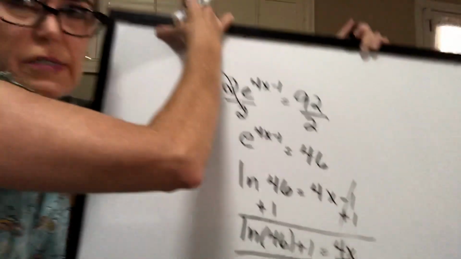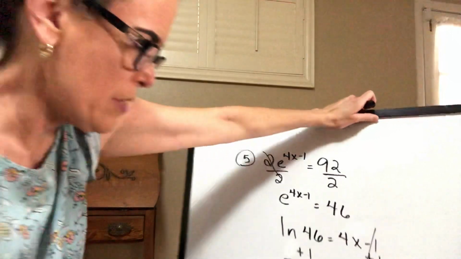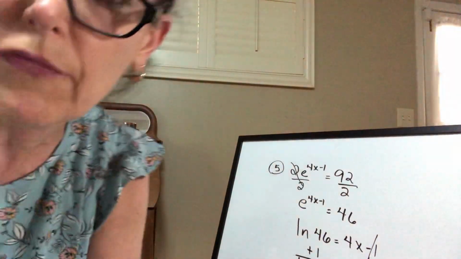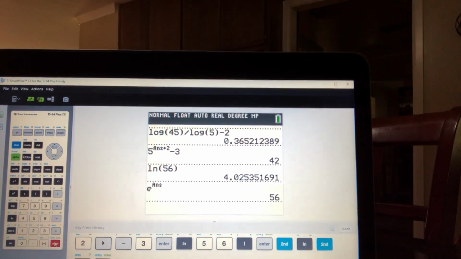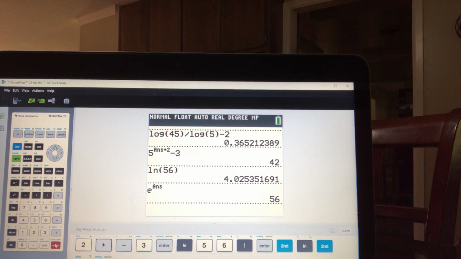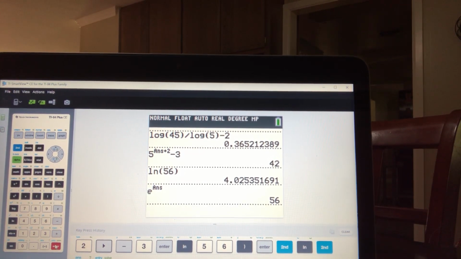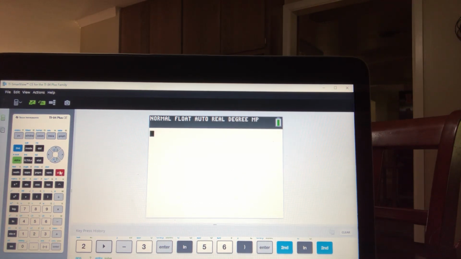Okay, so I'm going to set this down and go there. Okay, so you have to be careful on this one, how you enter it in your calculator, because if you're not careful, you'll get the wrong answer. So you have 2 choices. If you want to be able to put the entire thing in the calculator, you would need to use parentheses around the numerator.